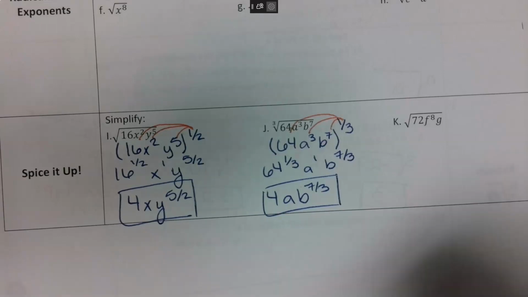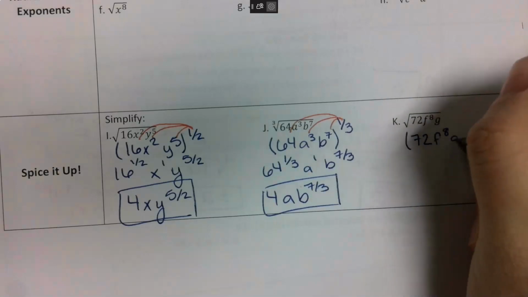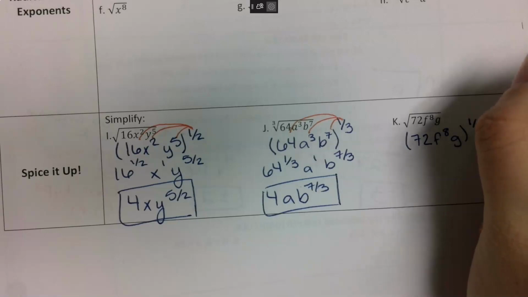Okay, same idea on k. So I'm going to write it in parentheses. 72 f to the 8 over g. And then what's my exponent on the outside? 1/2.